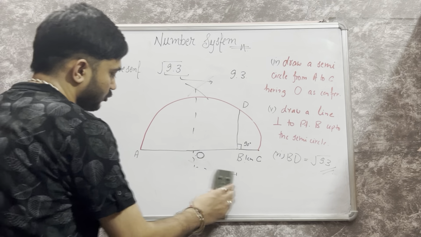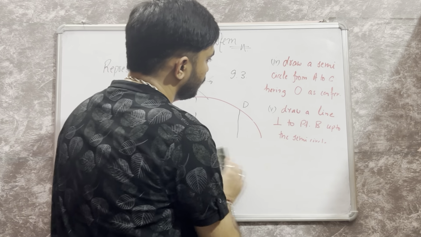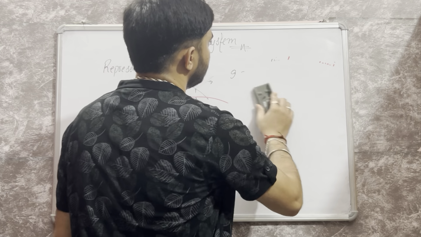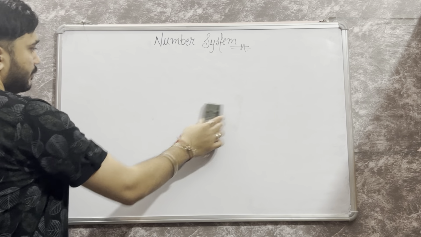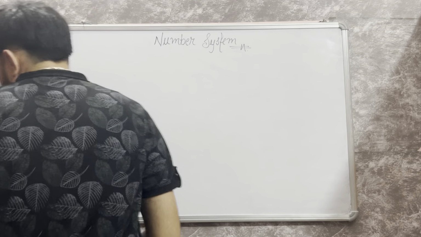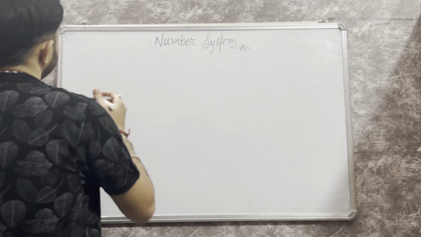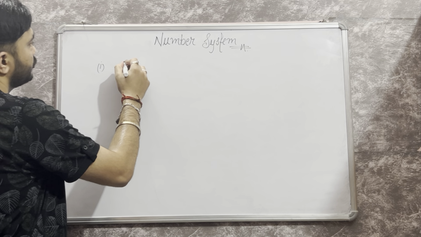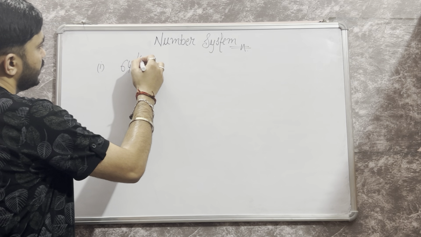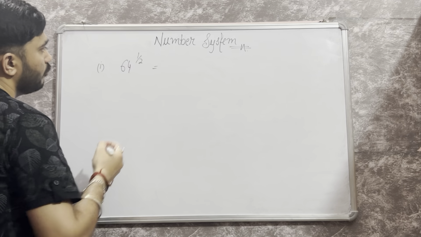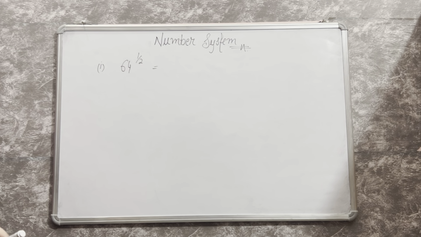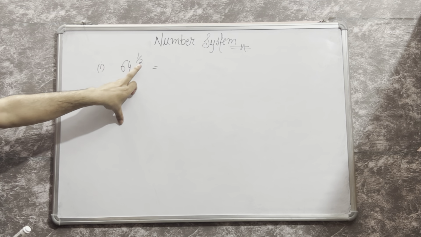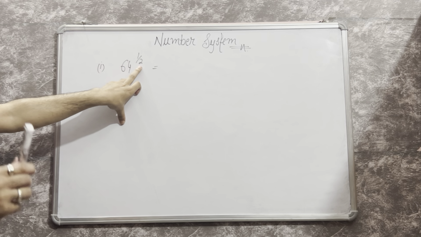Now let us move forward and solve some of the questions in this chapter that are of exponent type. The first question of that topic is: solve 64 raised to power 1 by 2. How are we going to solve this? Firstly, this is our base and this is power, and the power is in fraction here.